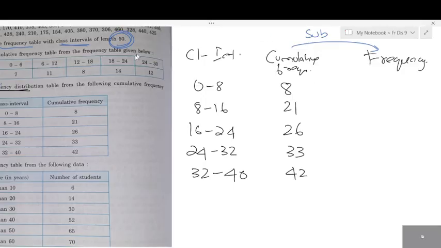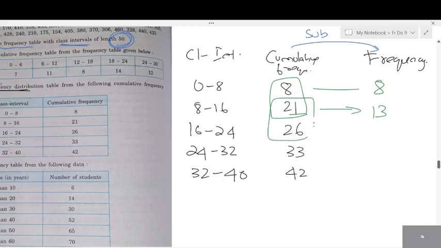Okay, once again I'll teach. 8 as it is. For the second one, 21 minus 8. How much is 21 minus 8? For the third one, it's 26 minus 21. How much is 26 minus 21?